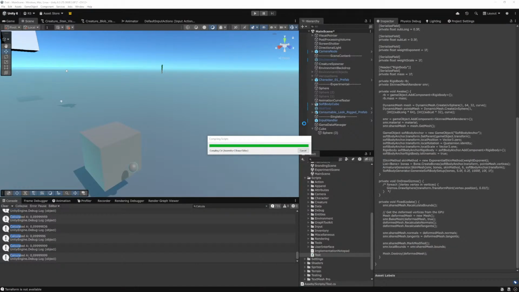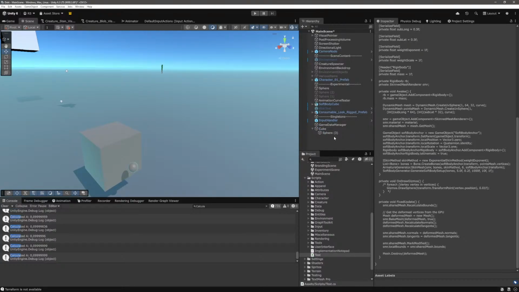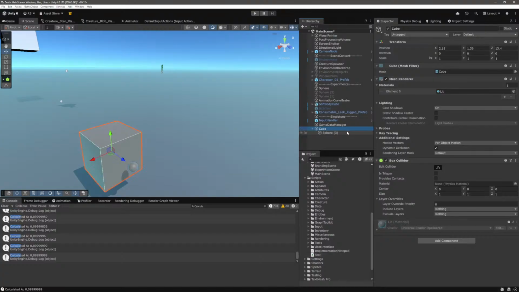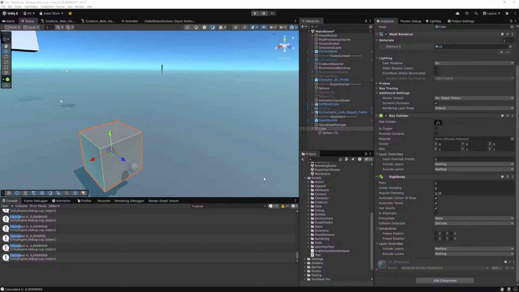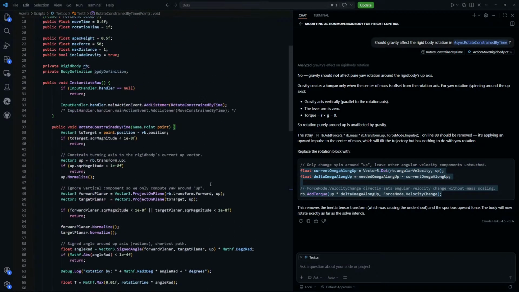Let's add a rigid body. We're gonna add an angular drag or damp, whatever the correct term these days is. And that's about it, I reckon. We need to fetch the rigid body as well.